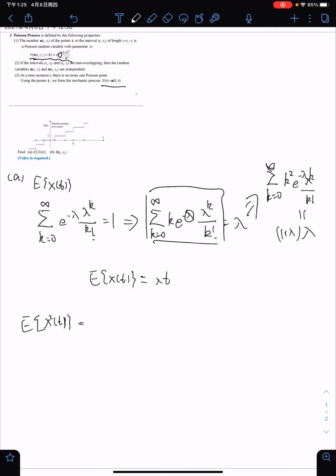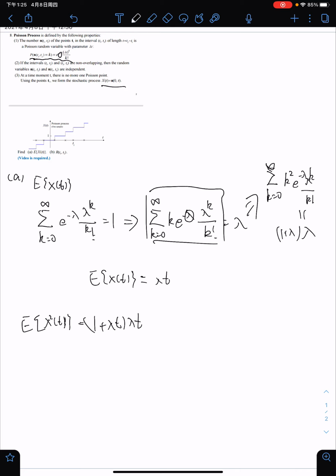So here the expected value of X squared(t) is 1 plus lambda t times lambda t.